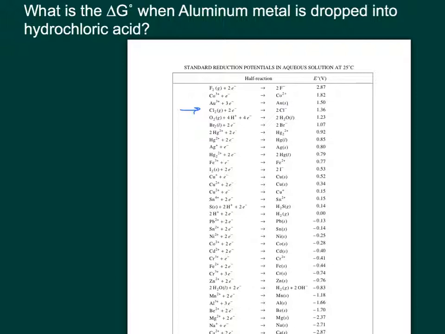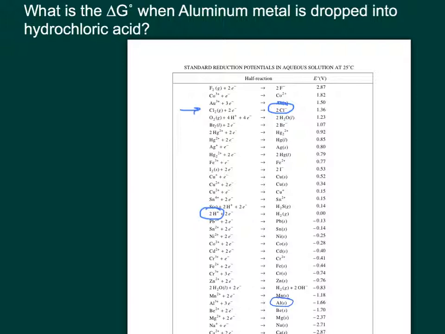So we have Cl minus, and we're going to go down, and the next reaction that's relevant is going to be H plus. We have that. Note some of these other ones have H plus as well. Here's one, sulfur plus H plus. We don't have the sulfur, so we don't really need to worry about that reaction. Then the last thing we're going to have will be aluminum solid, way down there.